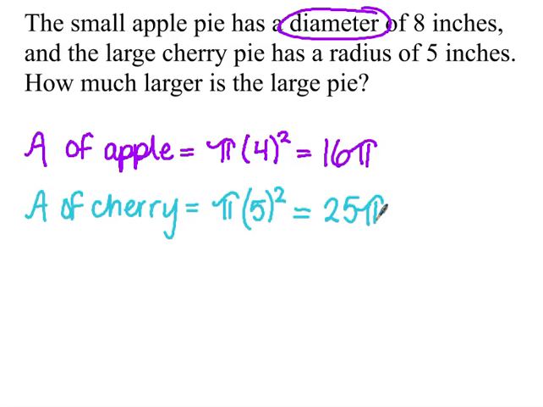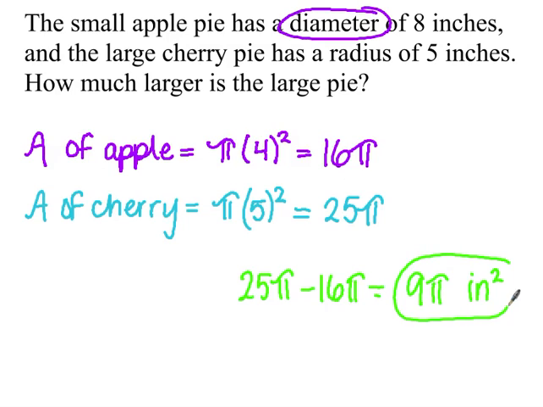You don't need to come up with decimal approximations, because I can subtract those two. So if I subtract them, I get 25 pi minus 16 pi, which is 9 pi. My label will be inches squared.